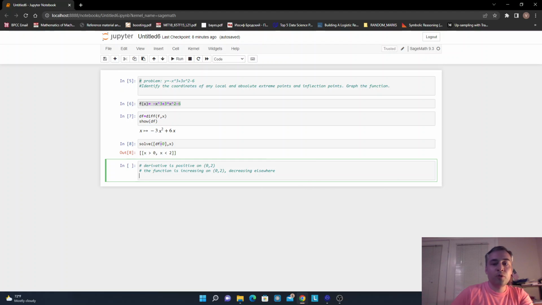And let me pause the video and type up some stuff so that it's easier for you to follow. All right, so my function is decreasing from -infinity to 0, then increasing on 0 to 2. So at 0, it has at least a local minimum.